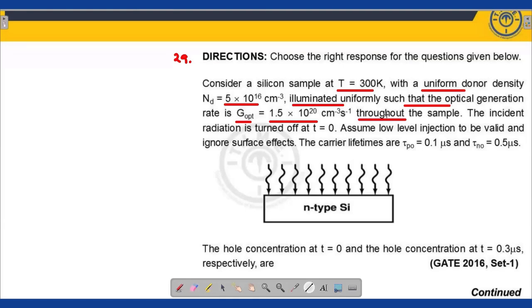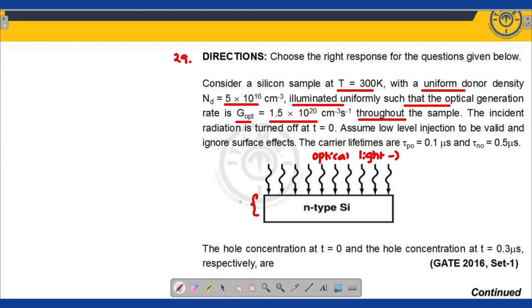I am projecting the optical light over here. G opt is throughout the sample.